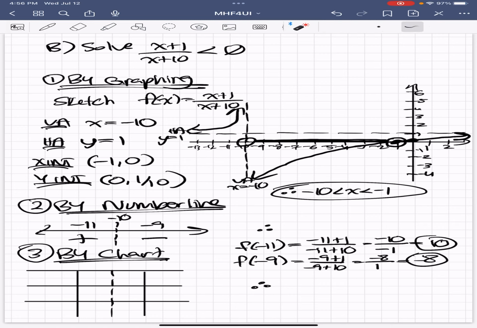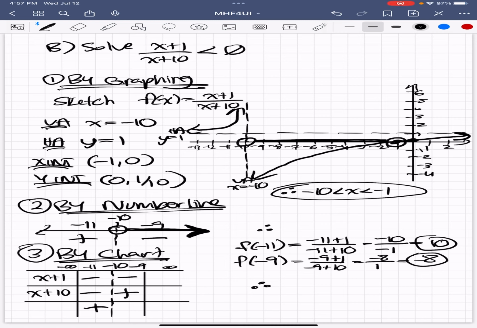And we see that the inequality up here is less than 0. So we're going to do an open circle and we're going to indicate when it's less than 0. So a negative times a negative equals a positive, and a negative times a positive equals a negative.